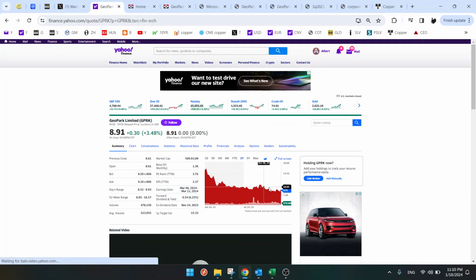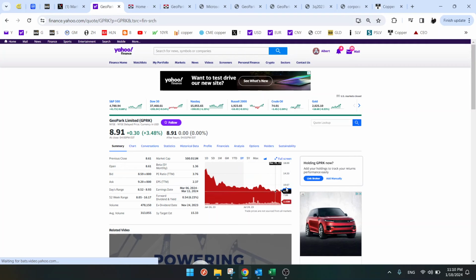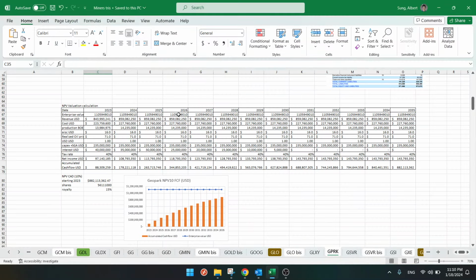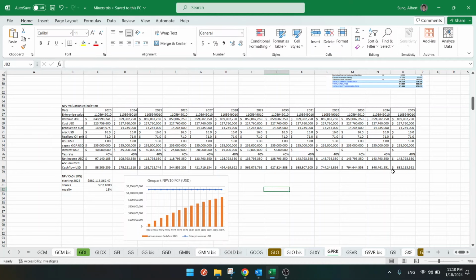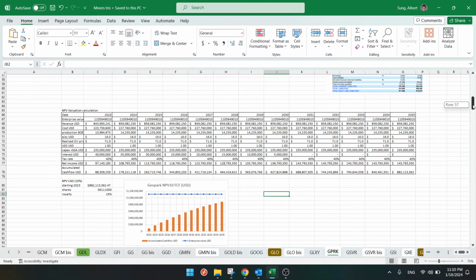So I would not buy this company. It's overvalued. Why? Because there's so many liabilities. And it's still overvalued. So if the enterprise value drops down, market cap will drop down even faster.